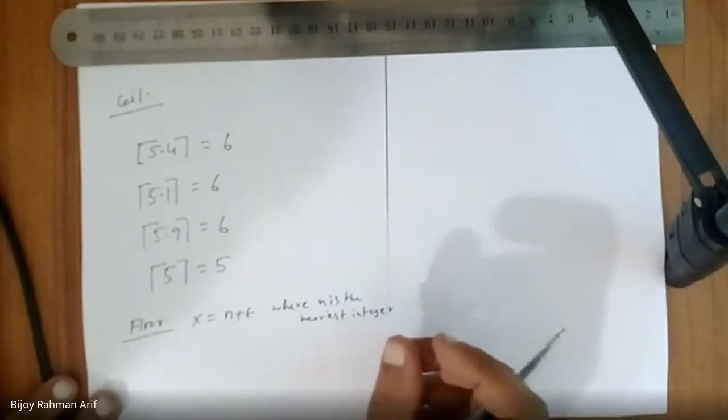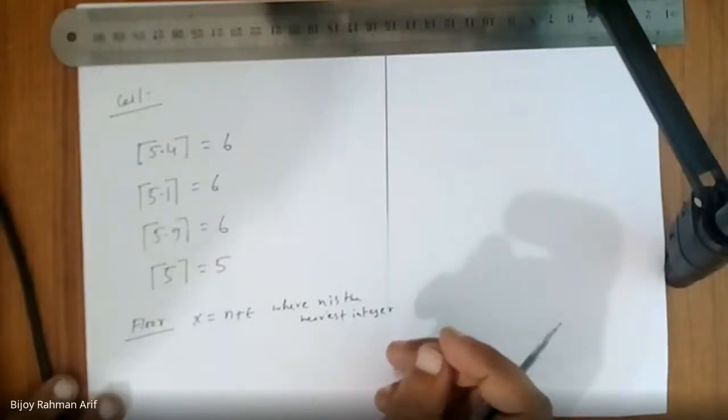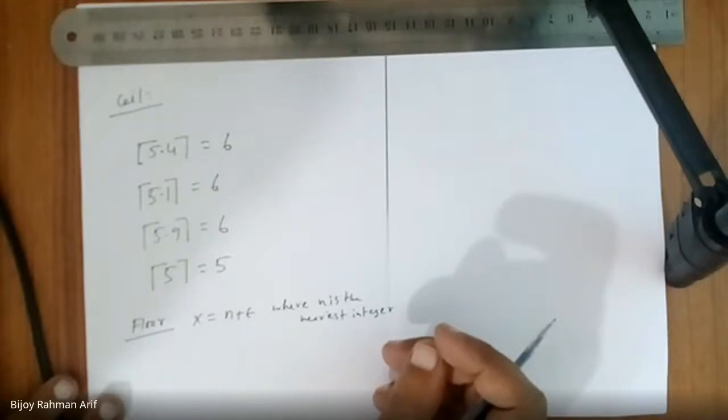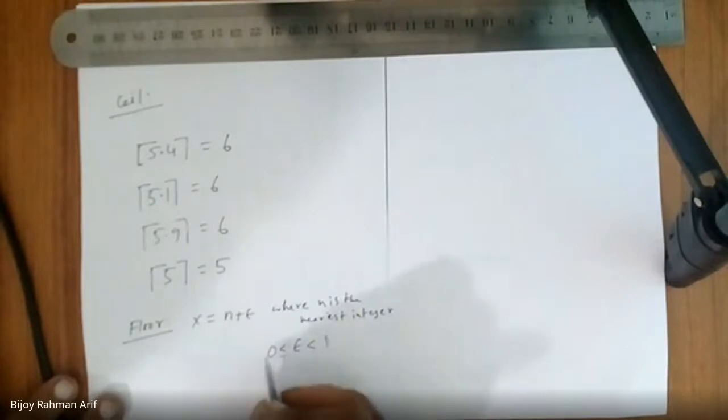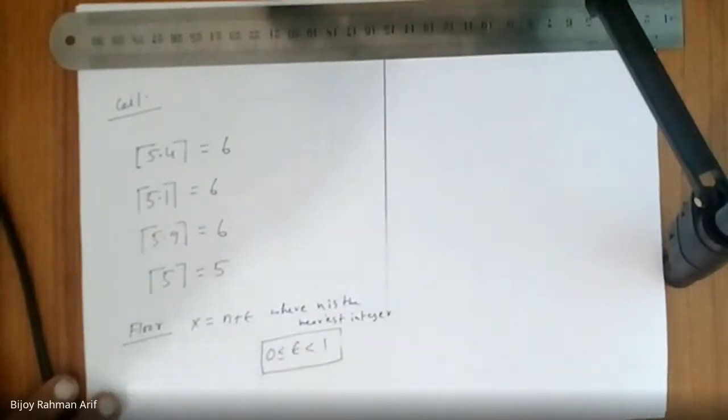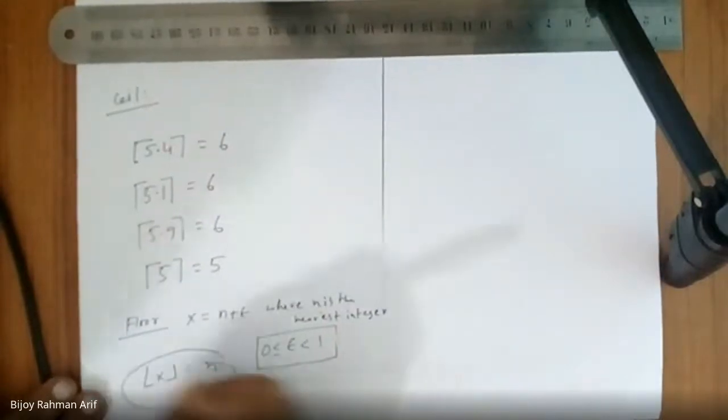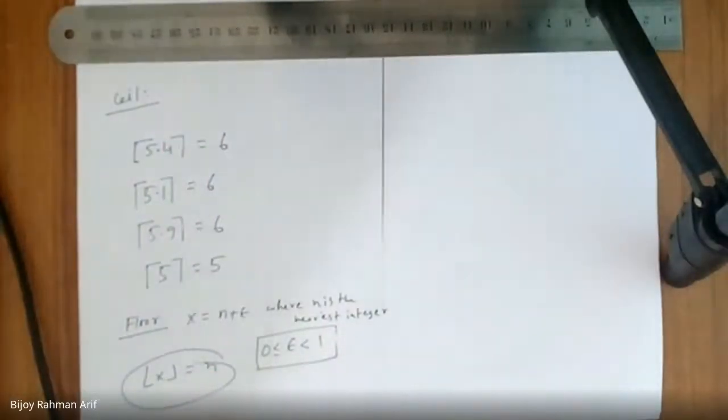You can write it this way: where n is the nearest integer and 0 is smaller than epsilon, which is smaller than 1. Then floor of x is nothing but n. Did you get it? Yes.